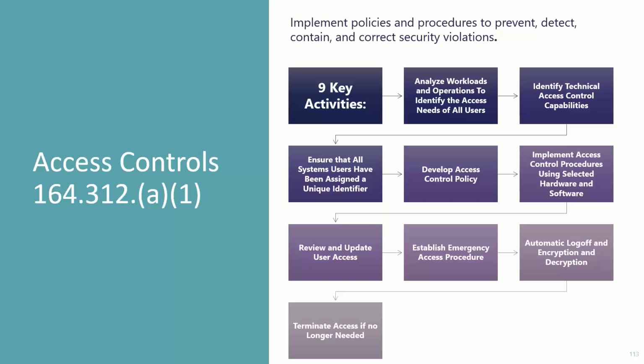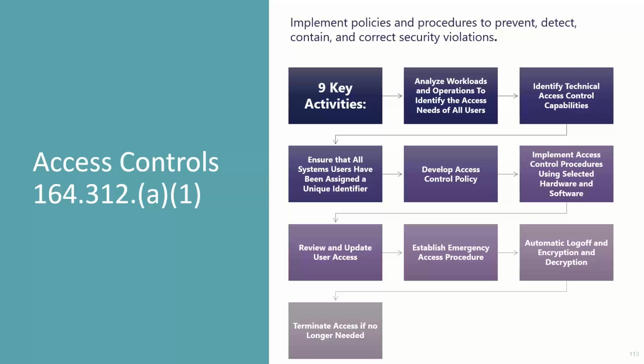But here we're also analyzing workloads and operations to identify the access needs of all users, and identifying access control capabilities. How are we making sure that access is only for those people? Ensure that all systems have been assigned a unique user identifier. Develop an access control policy.